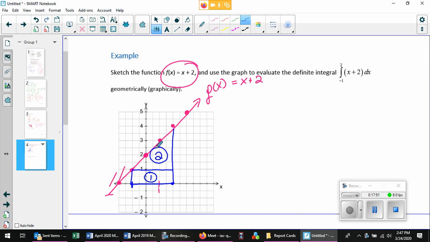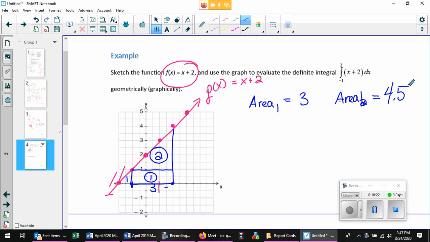This one has 1 unit, 2 units, 3 units, so it has a base of 3, and a height of 1. So the area of section 1 is 3. The area of section 2, now that one's a triangle, so it has a base of 3 still, and a height of 3, so we know that area is going to be 4.5.